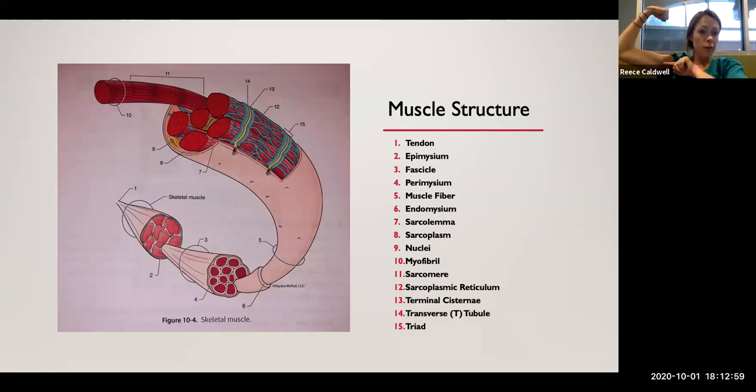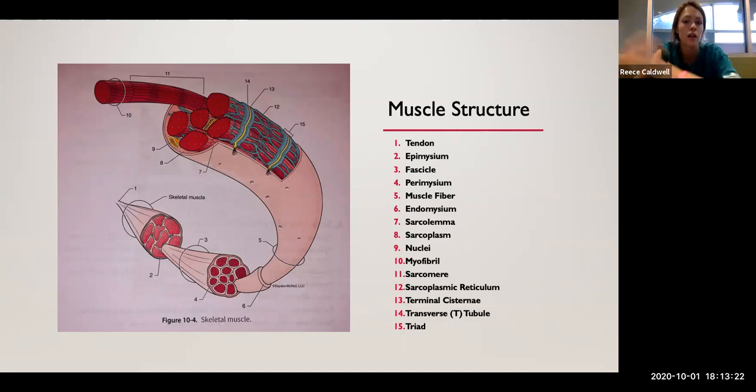When you develop more and more myofibrils, those will enlarge the muscle cells, and that's what makes you get bigger looking muscles. So there's no specific number of myofibrils in one muscle cell. It depends on how much you resistance and strength train. The more you strength train, the more myofibrils you'll have, and therefore the bigger your muscles will look.